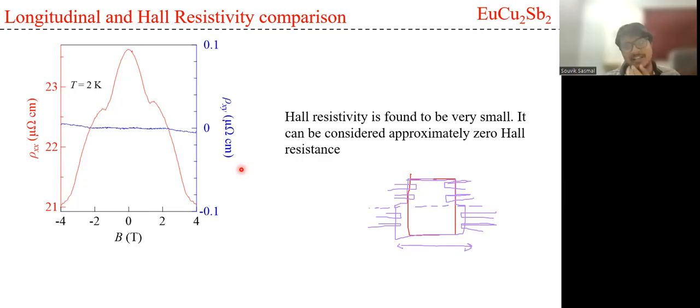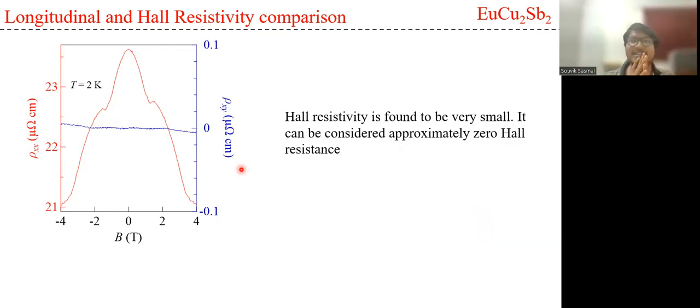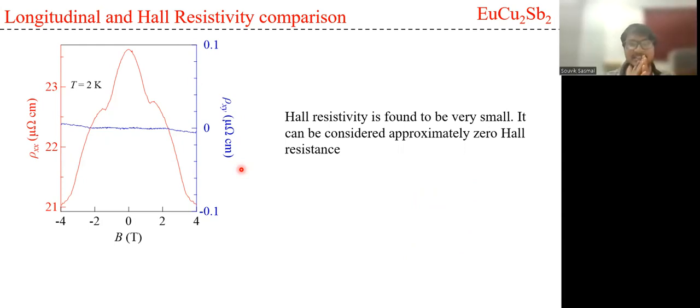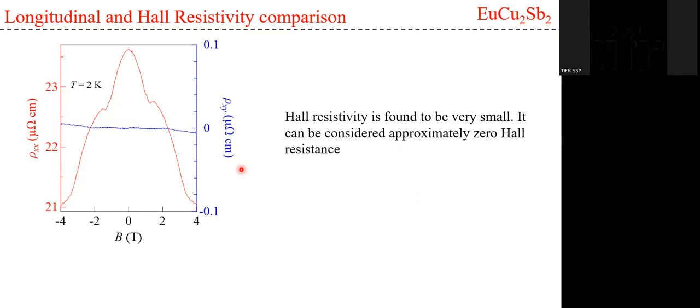Actually, in the MnBi2Te4 work from TIFR, they measure a three-to-four-layer stacking of the material and make contacts on top of it, or I think they make contacts throughout. I have to read that paper, but I don't think they have done it like that.